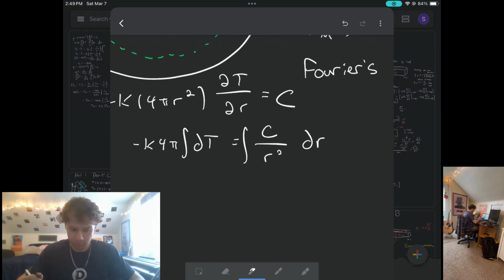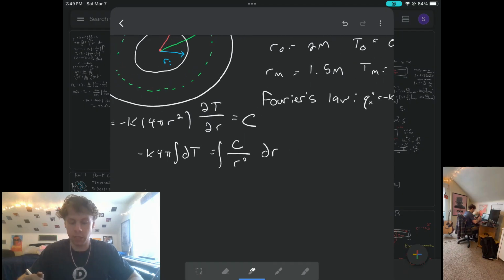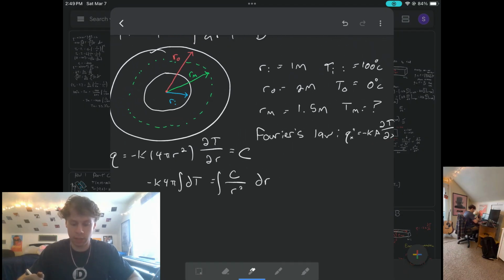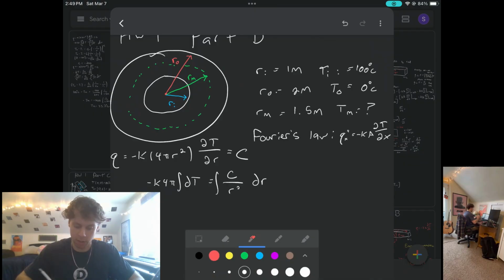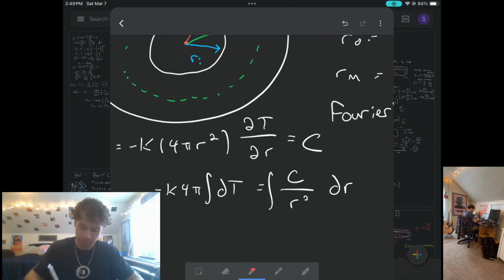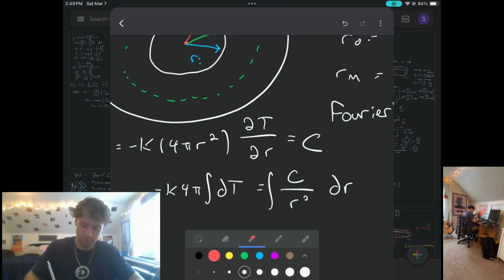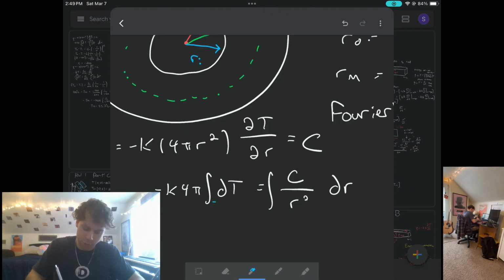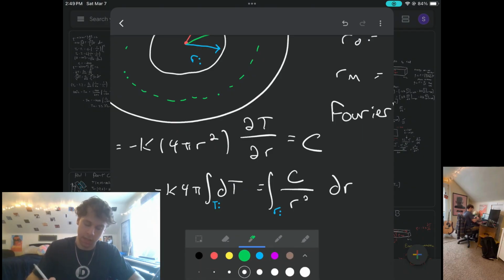We'll integrate from our inner surface to our outer surface. So our temperature will be from the temperature of the inner surface, and our radius will be from the radius of the inner surface, all that to the outer surface.